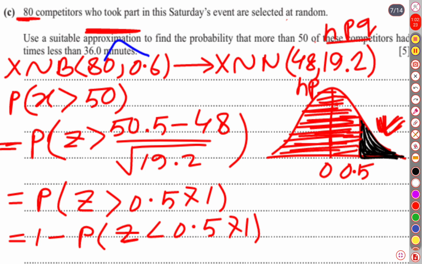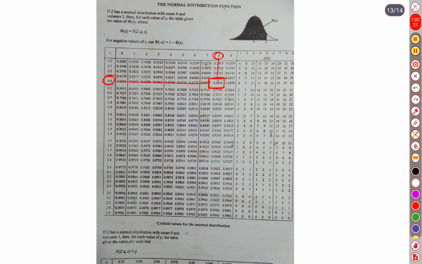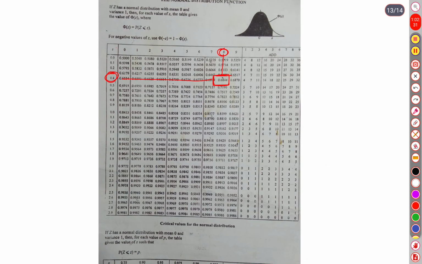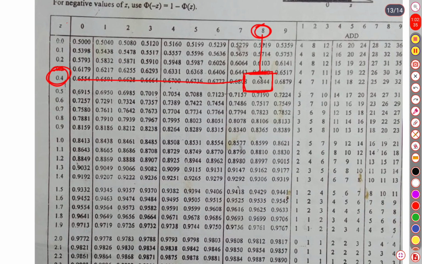Let us go back to the probability distribution table. How much is our z score? Our z score is given here. Let me erase the previous one.